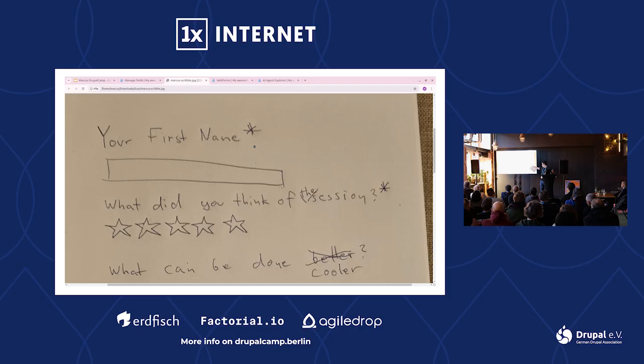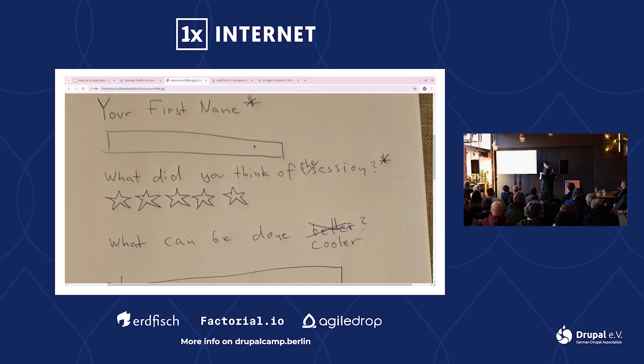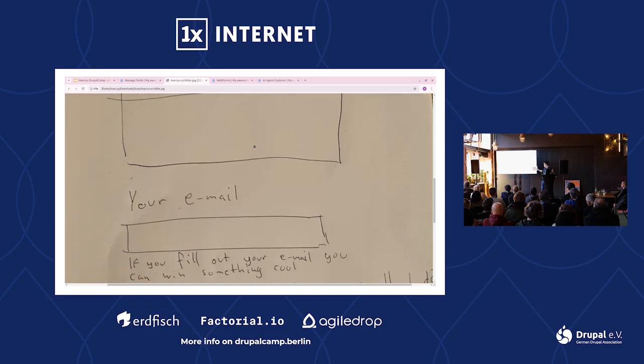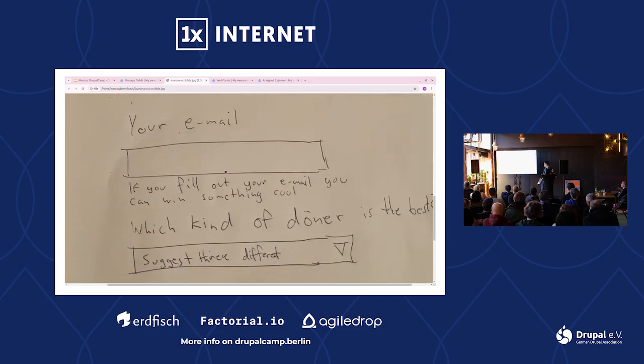So this is about my session. What did you think of the session? I use stuff that happens when you write, like, oh, I didn't like it, better, I write cooler instead, right? And this is supposed to be a text area, your email. And here, what kind of donor is the best? I might not know donor types, so I just write here, suggest 3 different, right?